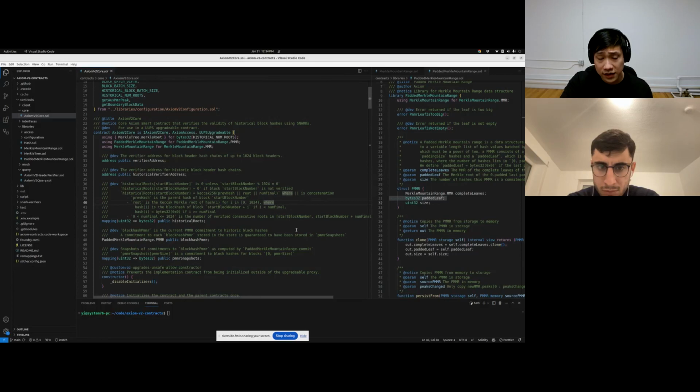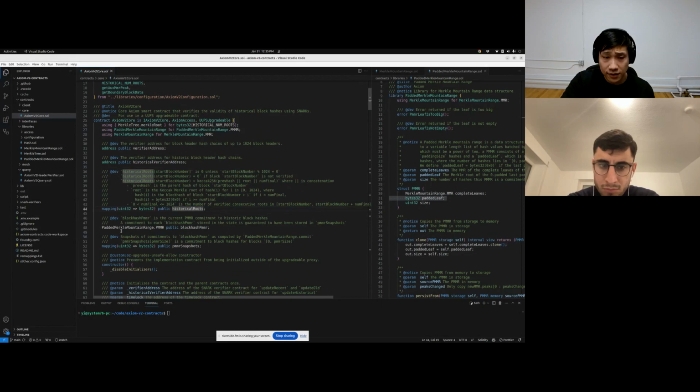Num final is either 1024 if we have all of them, or the length of the prefix of the block hashes we have if we only have some of them. So in this way, we have a commitment to the previous hash of each block in a 1024 block chunk, the Merkle root over those block hashes, and the number of block hashes in that chunk that we actually have already proven on-chain. And what we're going to do is populate this historical roots mapping and then use it to generate the Merkle mountain range and the snapshots of the Merkle mountain range.